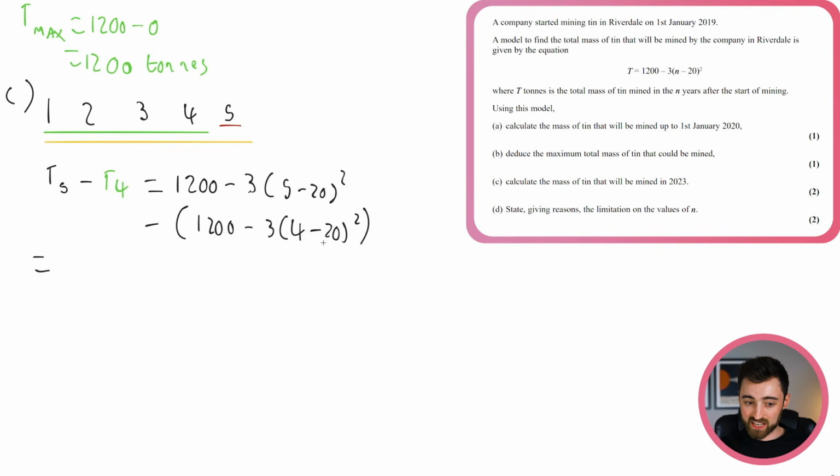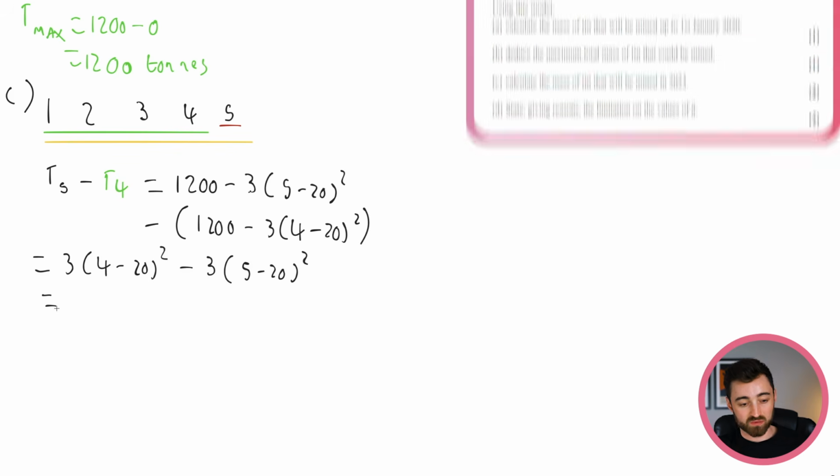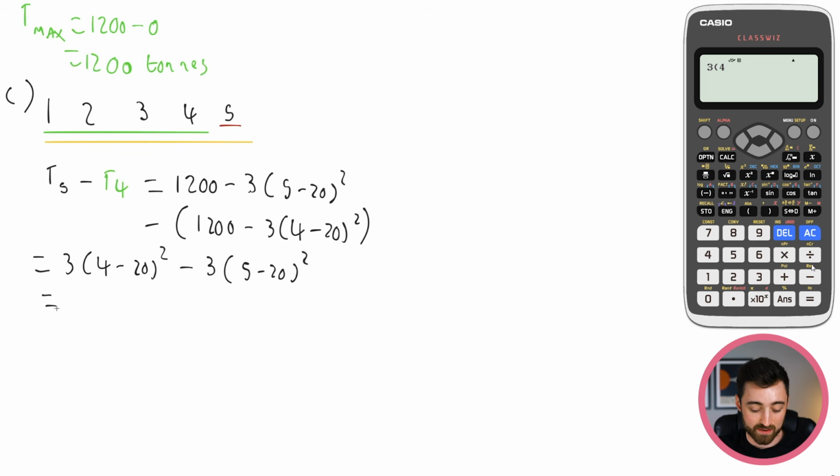That's going to be positive, so you essentially have positive 3 lots of (4 minus 20) squared, and then minus 3 lots of (5 minus 20) squared. That should sort us out here, so let's work it out. So 3 times (4 minus 20) all squared minus 3 times (5 minus 20) all squared. That gives me 93. Should be okay, so it's going to be 93 tons.